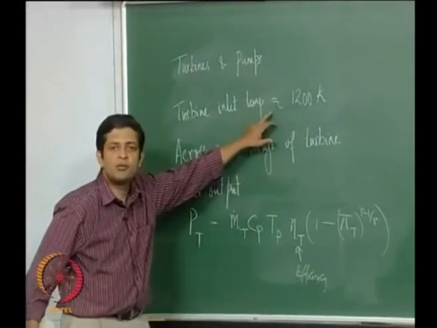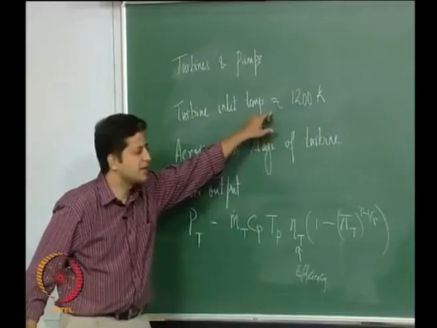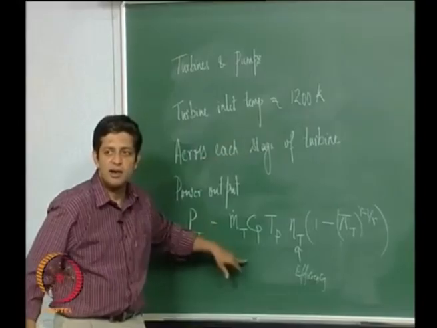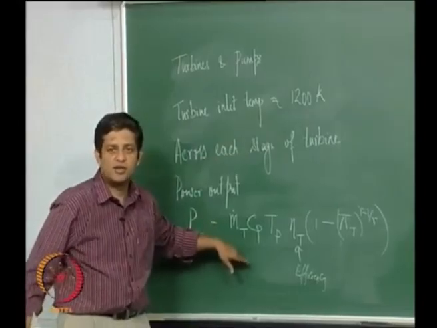Tp is nothing but turbine inlet temperature, which is why I said we need to know this if we have to calculate the power that can be extracted from the turbine.